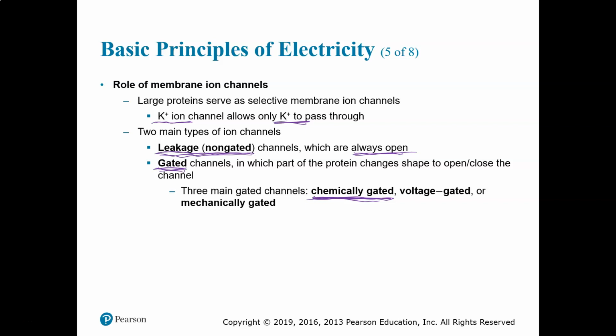So that's chemically gated, when it's controlled by the binding of a neurotransmitter to a receptor. And it's voltage gated when a change in voltage causes it to open or close. And it's mechanically gated when it's something like a trigger mechanism, when some type of touch, or a physical thing, opens the gate.